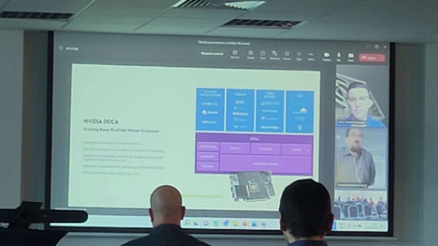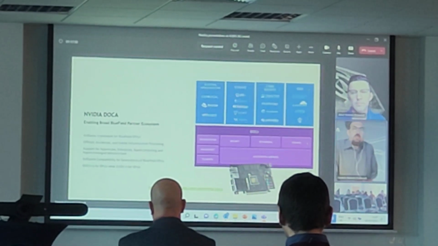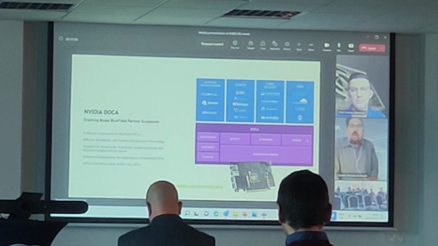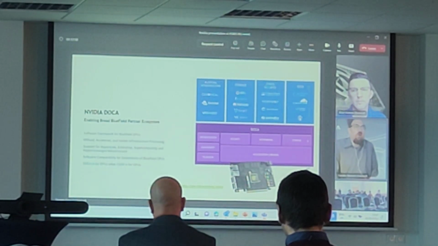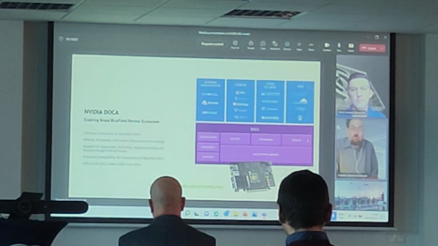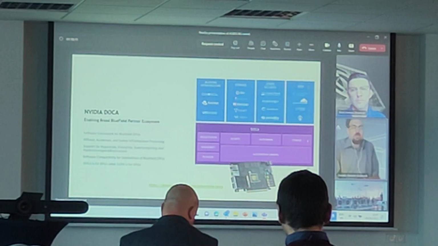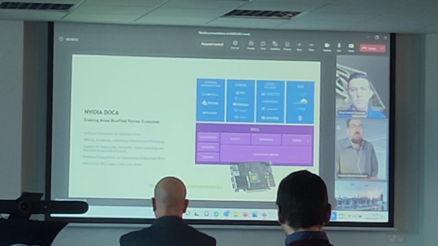To use Docker, you just need a DPU, Bluefield 2 or Bluefield 3. And with Docker, you can drive the functionality of the DPU. So with a single DPU, like a Bluefield 2, you can take advantage of Docker to program your data processing unit. This is to control the DPU.